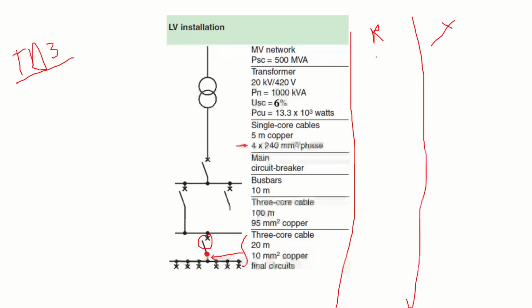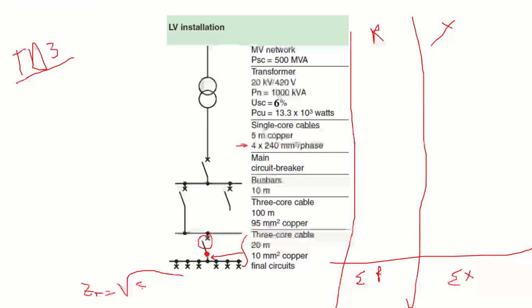Each element we have talked about today is in series, and you know that you cannot add the value of R and the value of X directly. So you will get the summation of R and the summation of X, and then ZT, the total impedance, will be equal to the square root of the summation of R squared plus the summation of X squared. So please try to do TD3 and we will correct it next time.